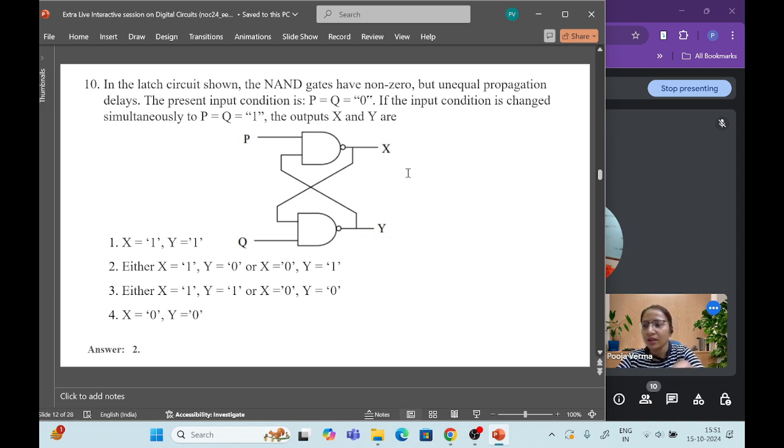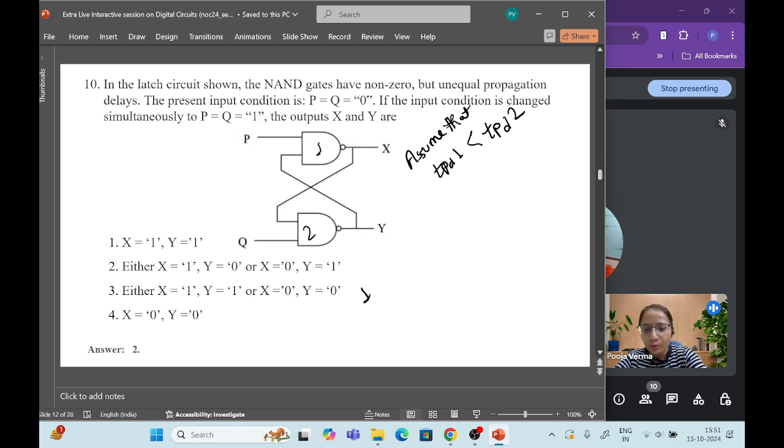So let's say it is NAND gate 1 and it is NAND gate 2. Let's assume that the propagation delay of the first NAND gate is less than the propagation delay of the second NAND gate. So X changes state first, then Y changes its state.